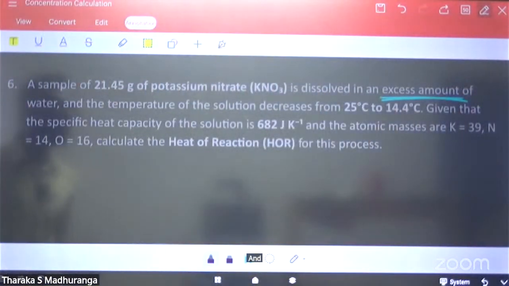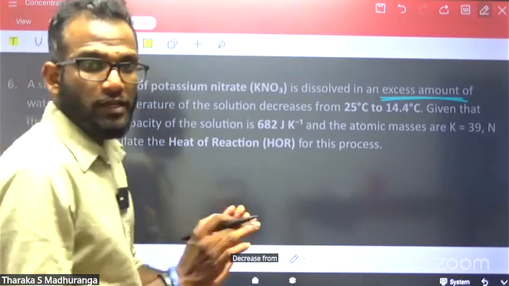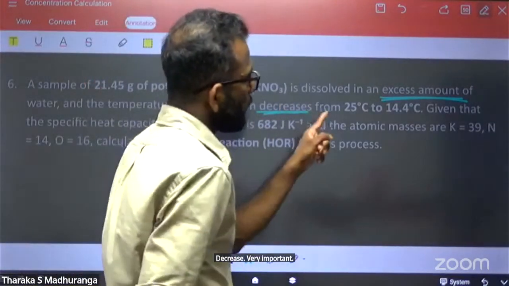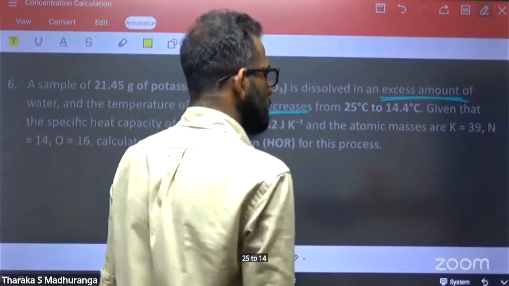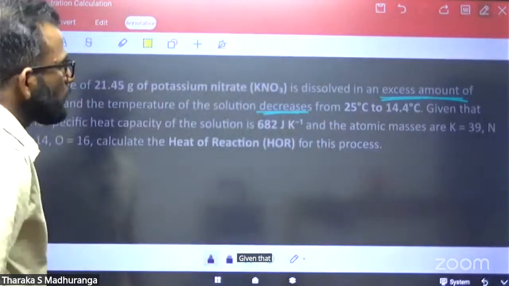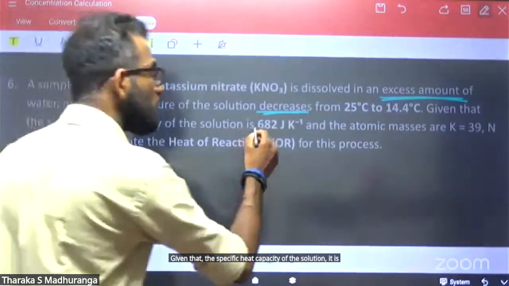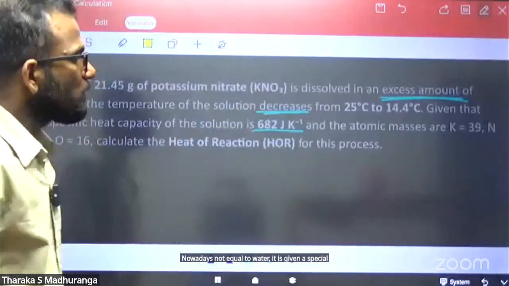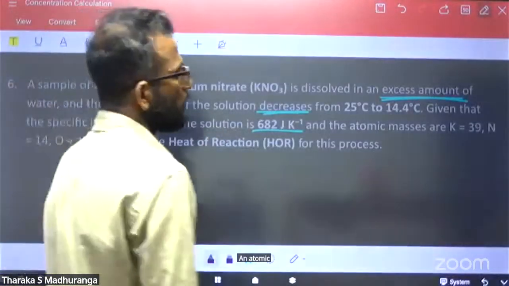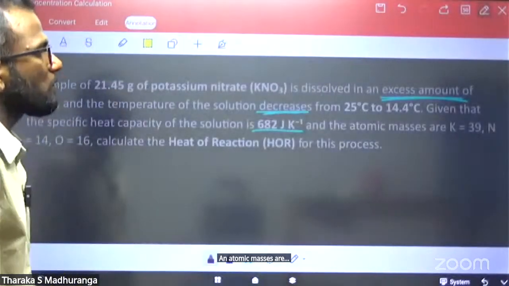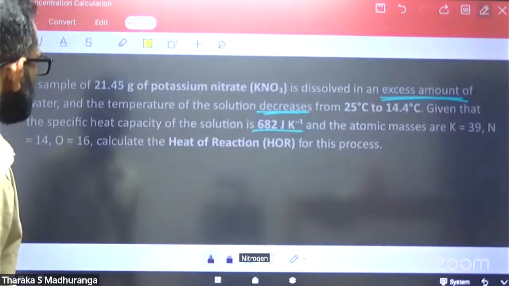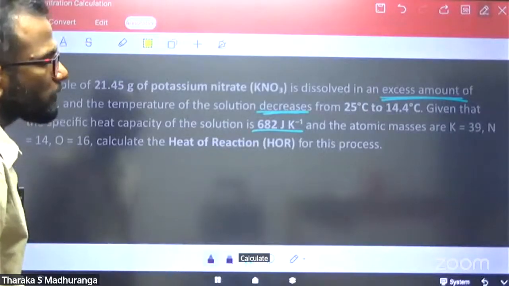The temperature of the solution decreases, very important, from 25 to 14.4 Celsius. Given that the specific heat capacity of the solution is 4.2, it is not equal to water, it is a special value. The atomic masses are K 39, nitrogen 14, oxygen 16. Calculate the heat of reaction of the process.